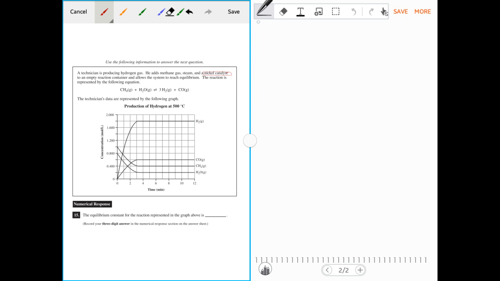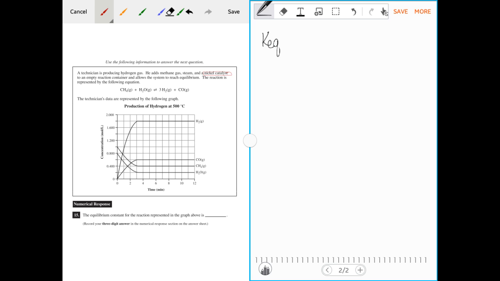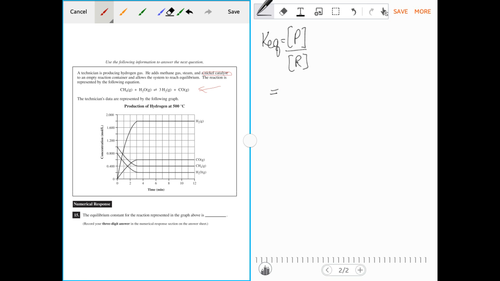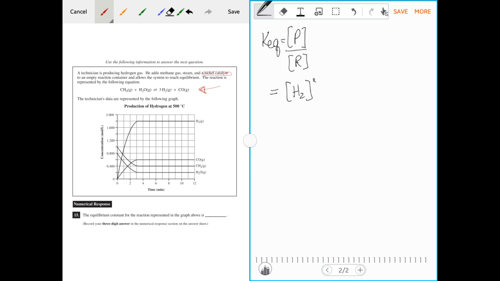So when we are calculating our KEQ, remember KEQ is our products over reactants. Remember that? Always, always, always. Okay, and when we look at our products of our equation that was actually given to us here, our products is my hydrogen gas to the exponent of 3, my carbon monoxide, my methane is a reactant, and my water is a reactant.